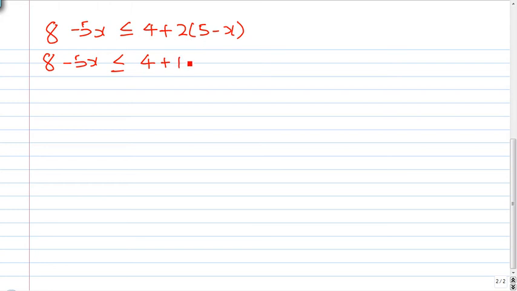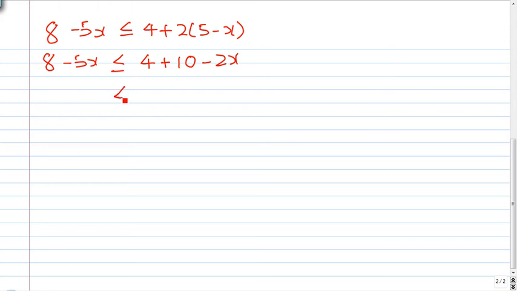8 minus 5x is less than or equal to 4 plus 2 times 5 minus x. Okay, it's messy. Let me write this again. 4 plus 2 times 5 minus x. Okay, now 8 minus 5x is less than or equal to 4 plus 2 times 5 is 10. 2 times minus x is minus 2x.